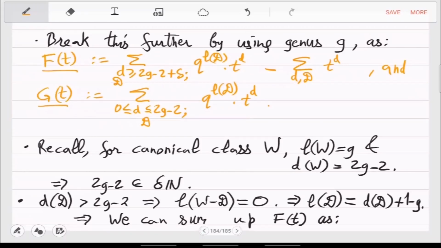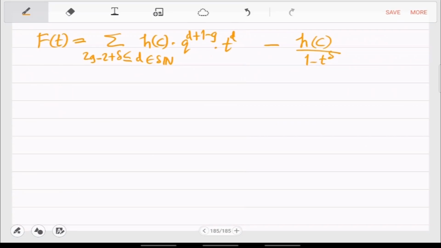The minus sigma t raised to d, we again have counted by the class number, and the rest is just a geometric progression. So it's happening in multiples of delta. So the geometric progression will give you 1 over 1 minus t raised to the step delta.